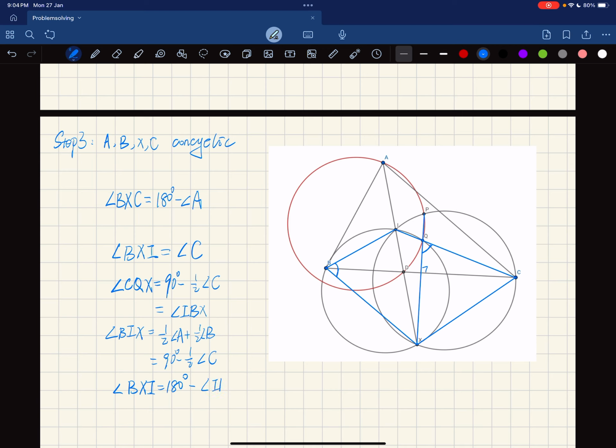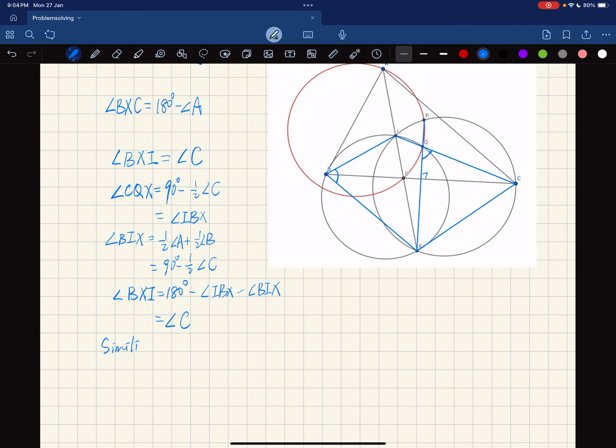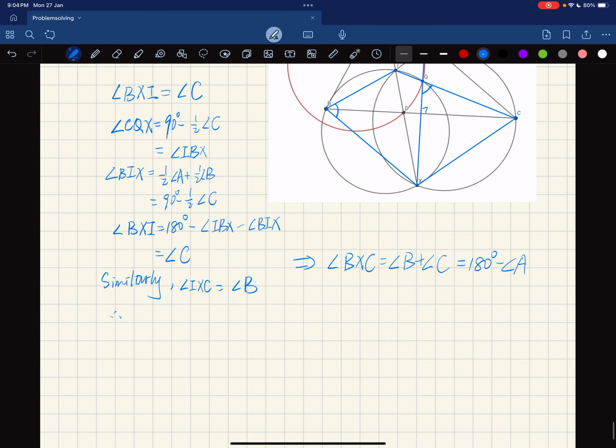Angle IBX minus angle BIX equals angle C. So similarly, angle IXC equals angle B, right? So we can show that angle BXC equals angle B plus angle C, which equals 180 degrees minus angle A. So ABXC are concyclic.